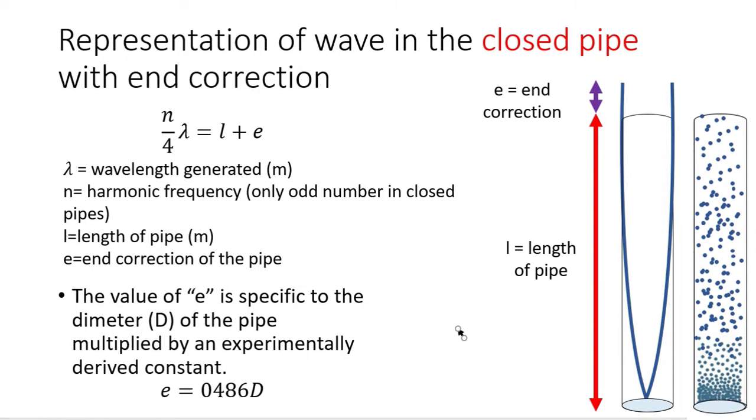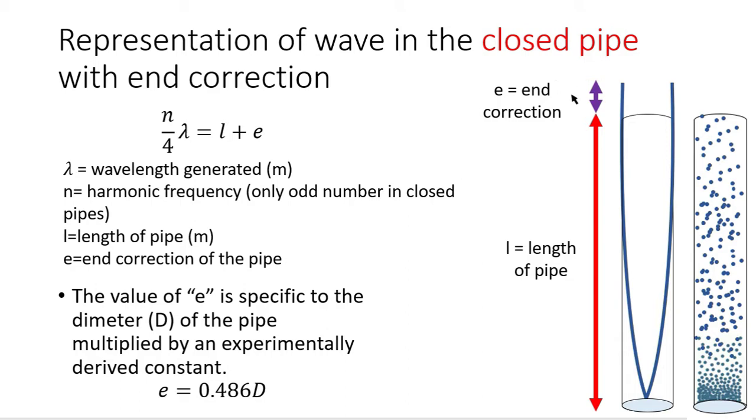So if that pipe has some kind of diameter of 0.0025 meters, then you multiply that by this factor of 0.486, and that should give you an estimate for that end correction, which makes sense.